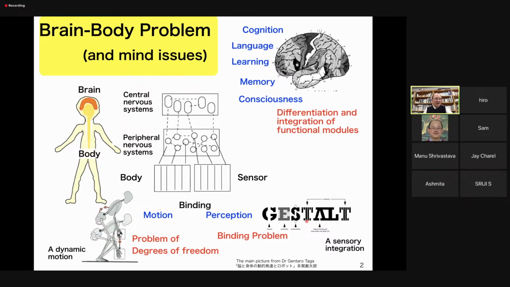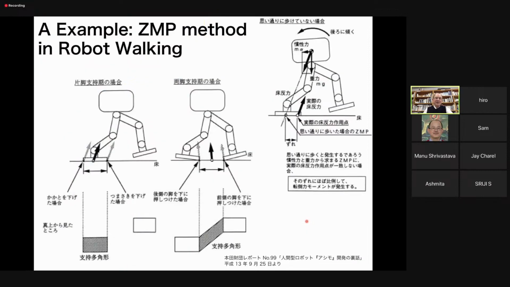This kind of issue, we realize the brain mechanism from actual experimental evidence, but it is not so easy to implement in an actual robot. In this lecture, I try to focus on the behavior, generation of motion, or control issue.